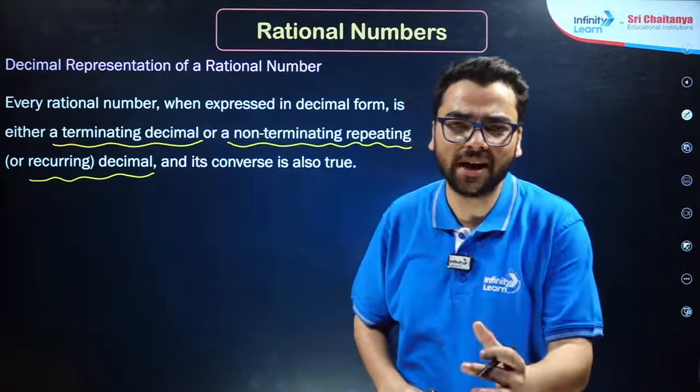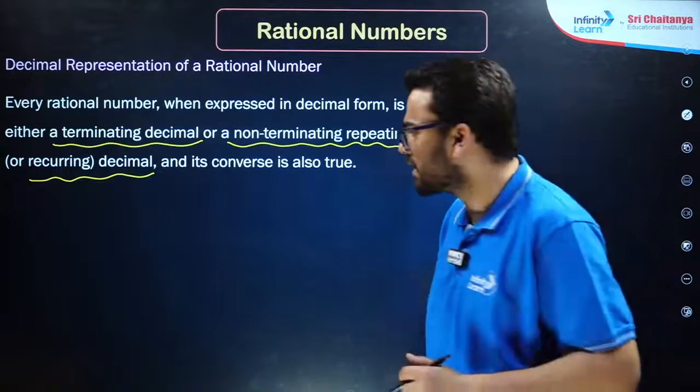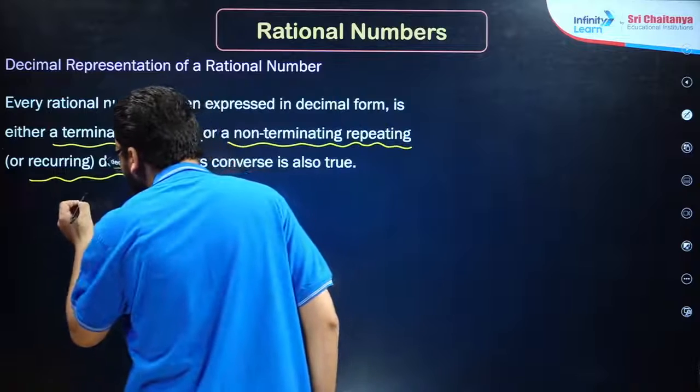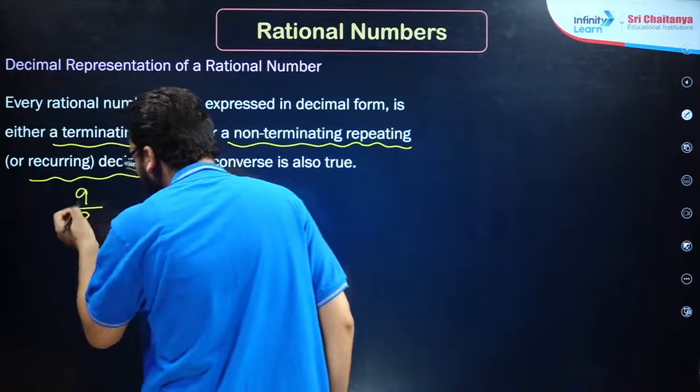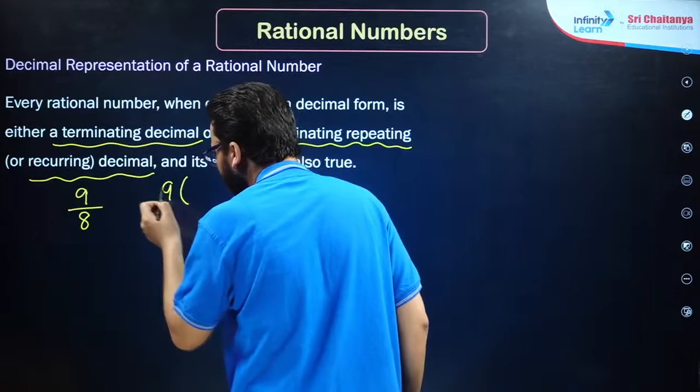So let us understand it with an example. For example, I have got 9 divided by 8. Let us find its decimal representation.